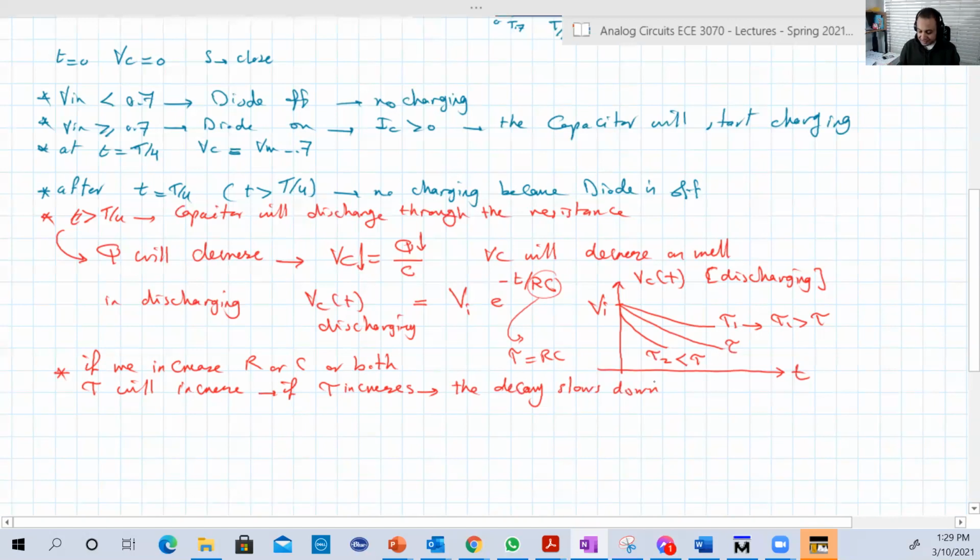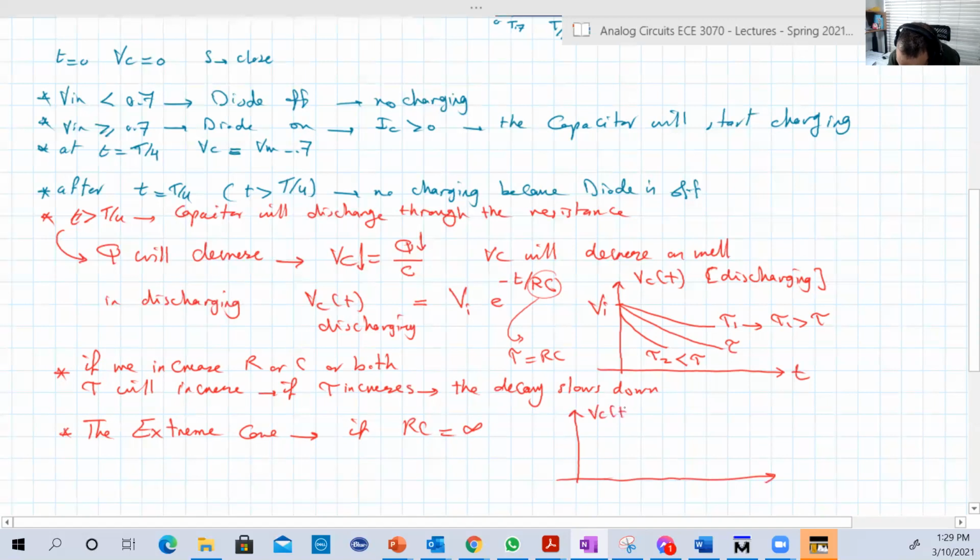which is good. For example, in the extreme case, if RC is equal to infinity, and that's basically easy to do, by the way, I will tell you in a moment. If RC is equal to infinity, which means tau is equal to infinity, this will be the shape of Vc of t.